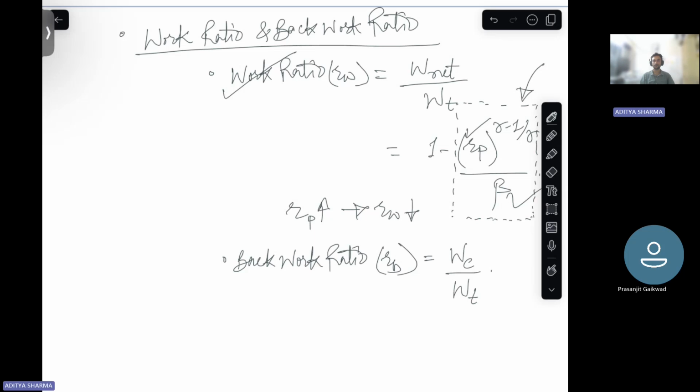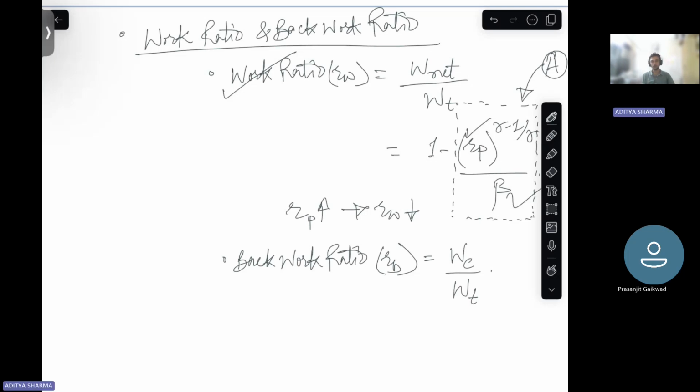This term will increase and the whole expression will decrease because this is 1 minus, let's say this is term A. So 1 minus term A. The term A will increase with increase in pressure ratio. So from 1, more share will go out of this number 1.